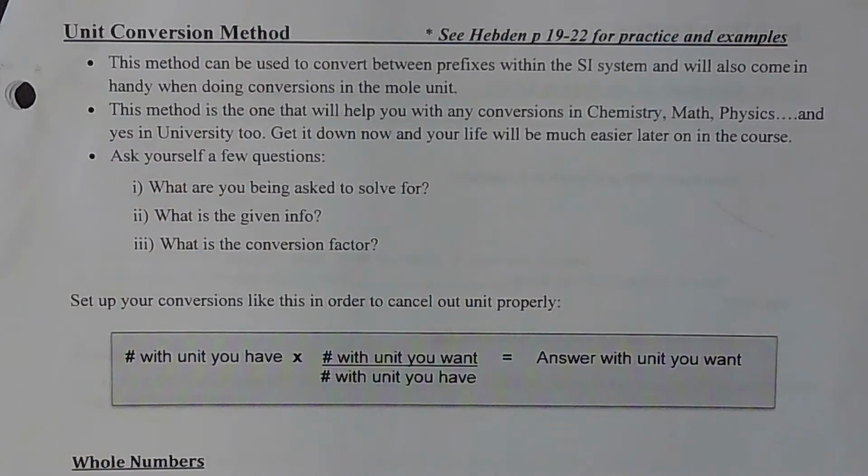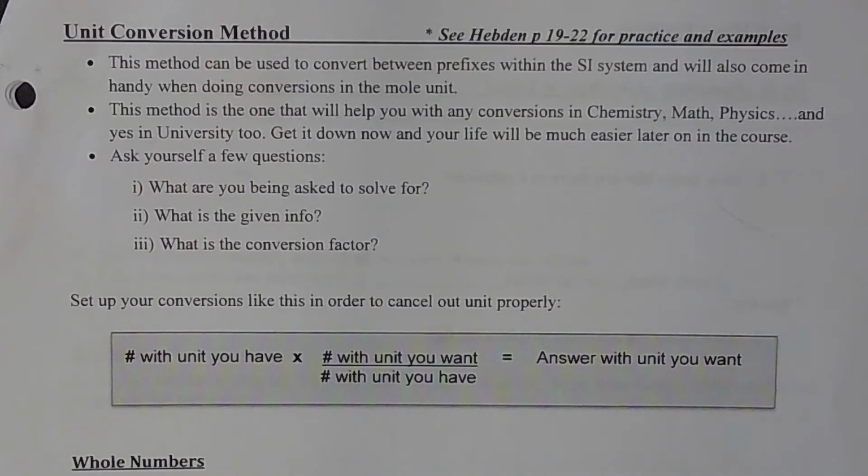This method can be used to convert prefixes with the SI system, and will come in handy when doing conversion in the mole unit, which we're going to talk about next. It will help you with any conversions, chemistry, math, physics, and yes, in university too. So get it down now, and your life will be much easier later in the course.